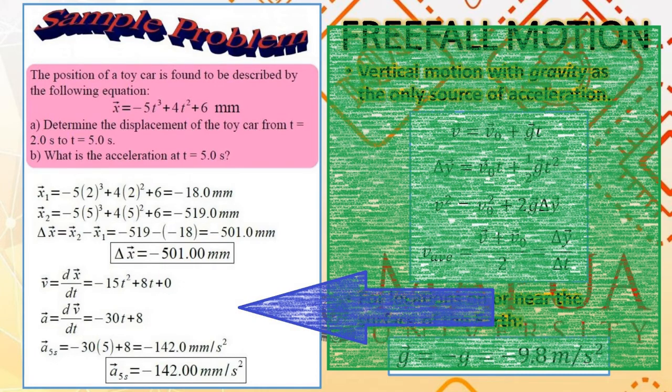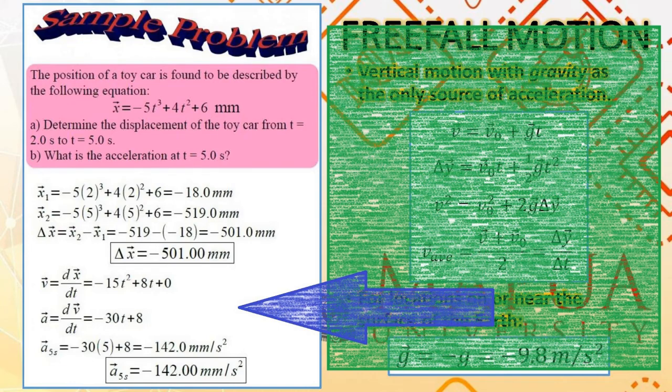For the next part, we are asked to get the acceleration at t is equal to 5 seconds. Now, what is provided is the equation for position. We need to get the equation for acceleration.